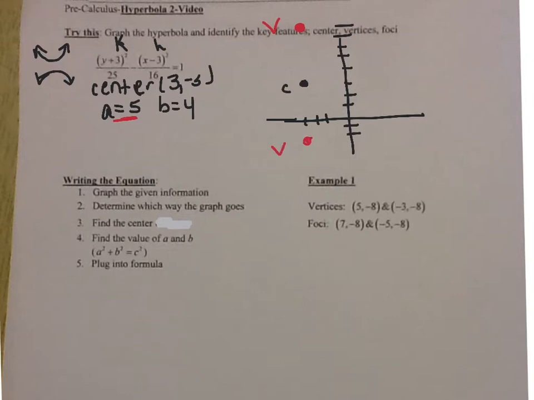Okay, so let's write down that information. So my vertices are -3, 8, and -3, -2. And now I need to plot b, which is going to go left, right, 4.